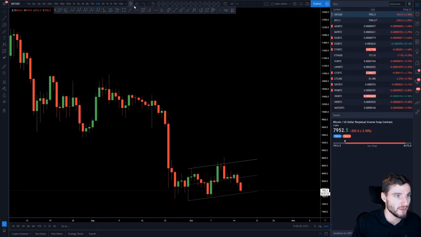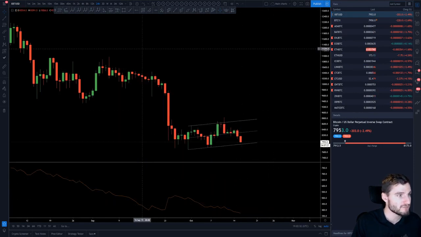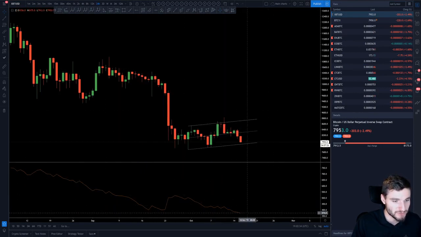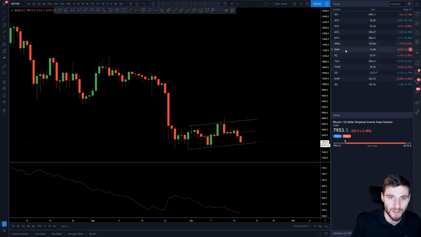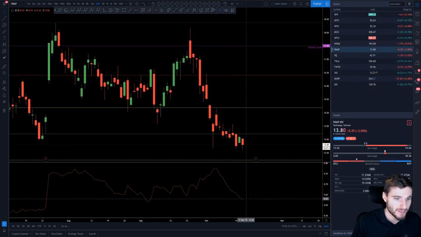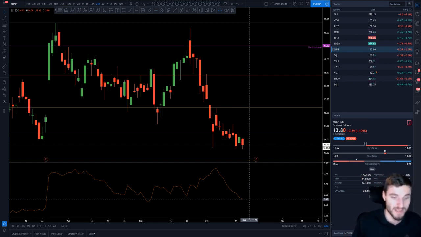If we just load up average true range, you can see right now on the daily the average true range for Bitcoin is around $374. If you come across to something on the stock market like Snapchat, that's moving at around 0.63 cents on the daily chart over the last 14 days.